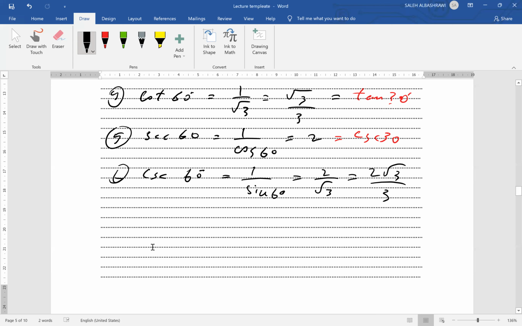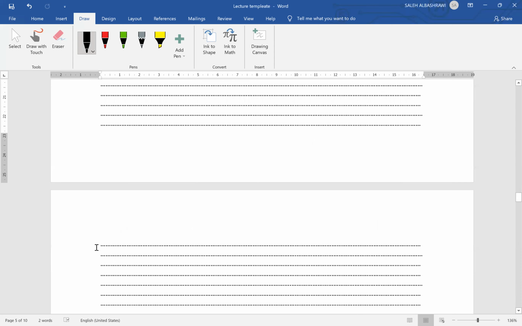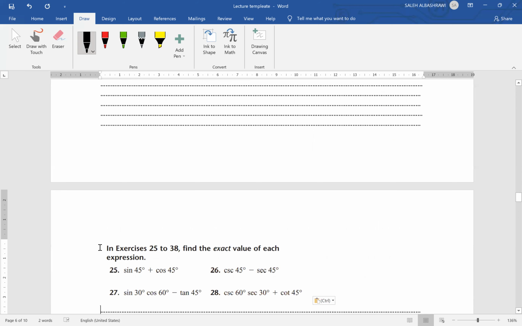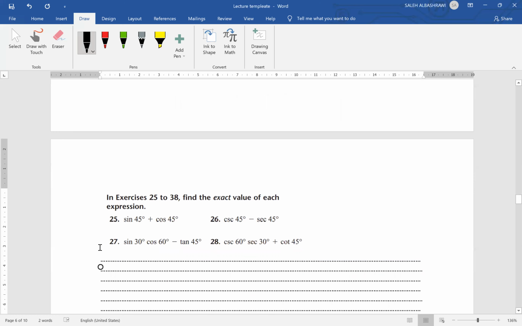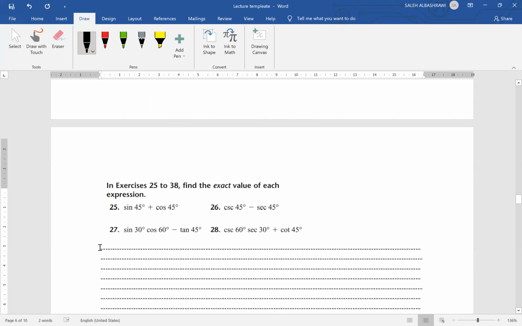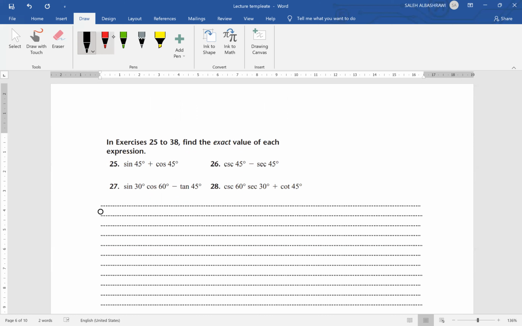So with that we have a question. We need to find the exact value for each expression. Question number 25, given that sine 45 plus cosine 45, I need to find the exact solution. Start with the first one, 25. Sine 45 plus cosine 45.